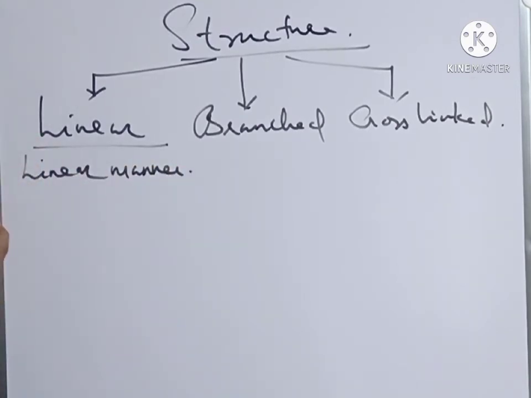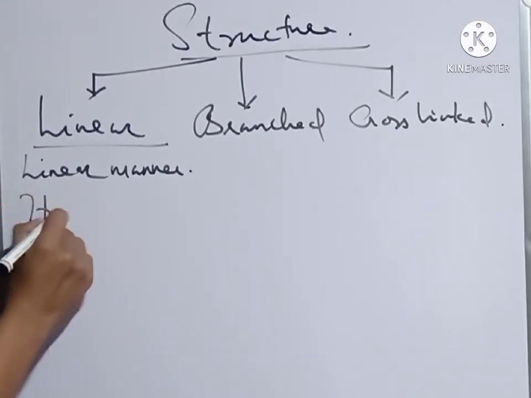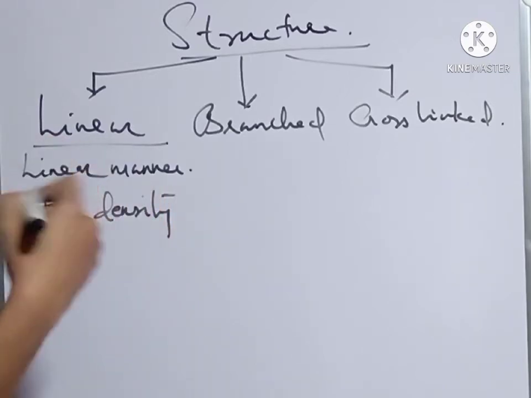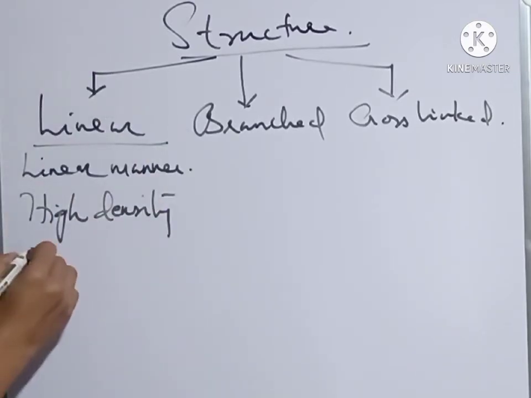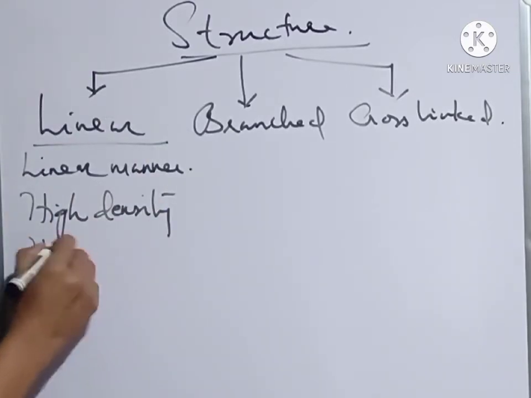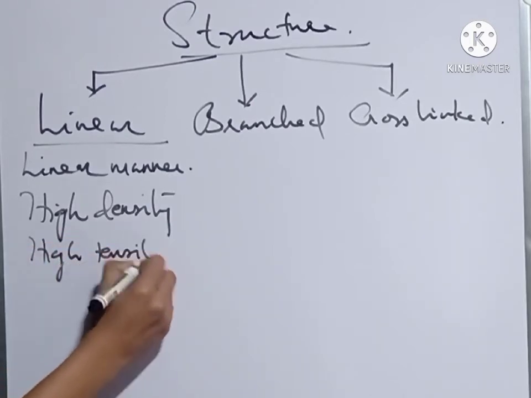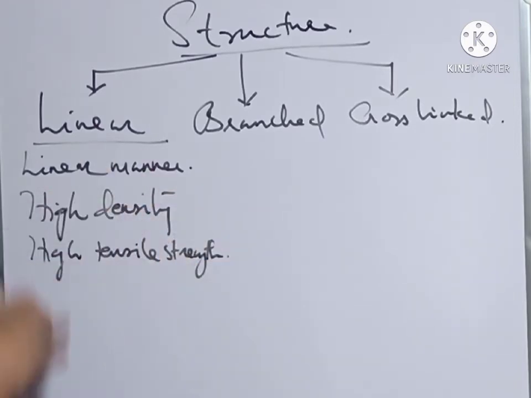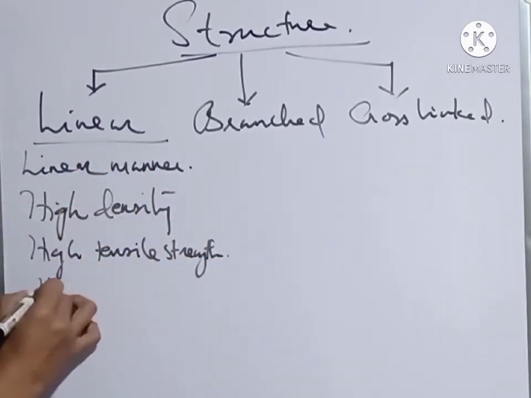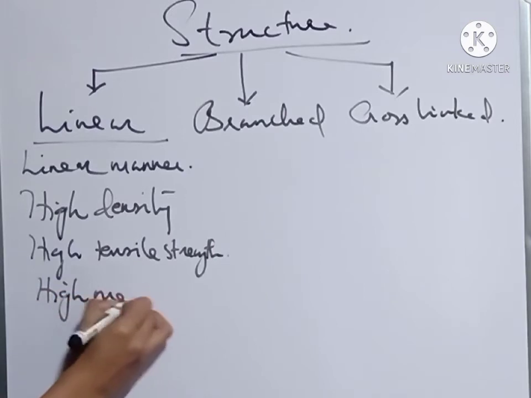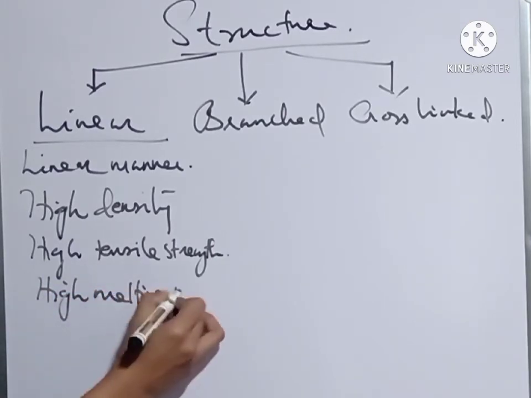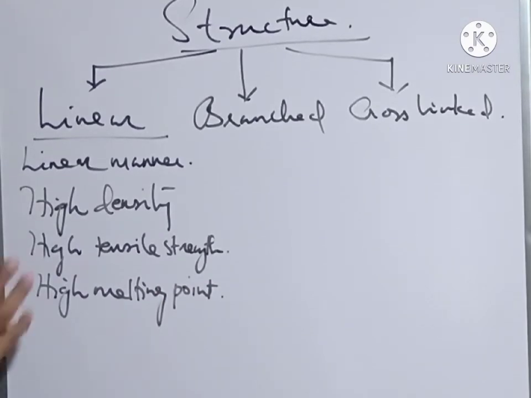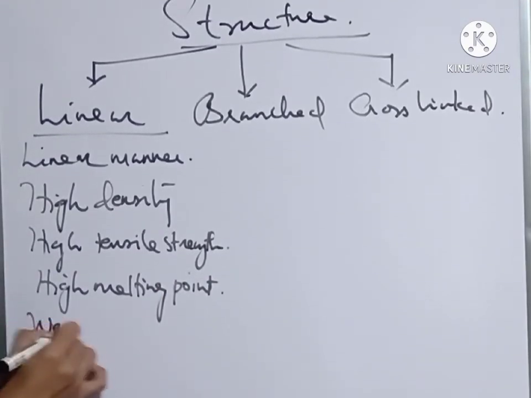Here, these polymers possess high density. Then their tensile strength is also high, and hence their melting point is also very high. And these linear polymers are well packed.